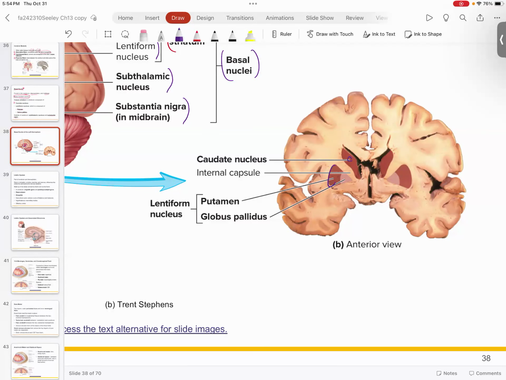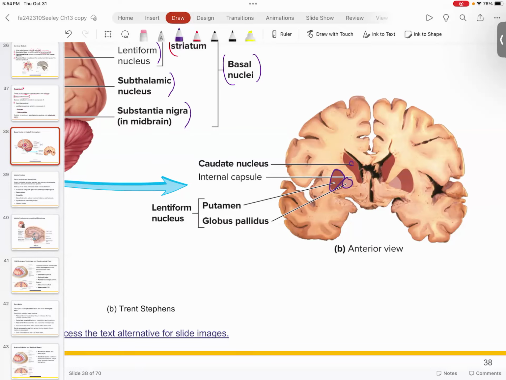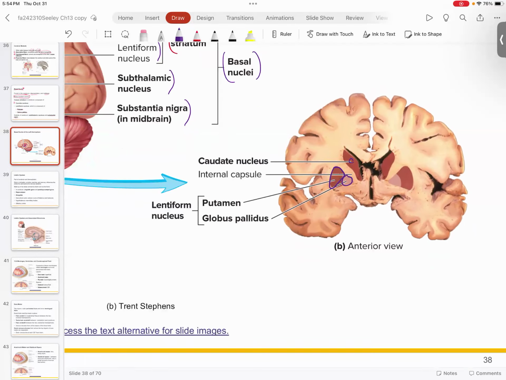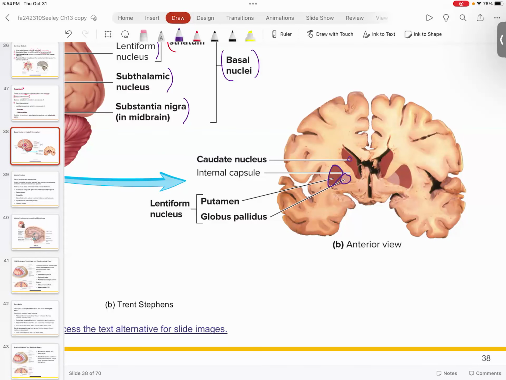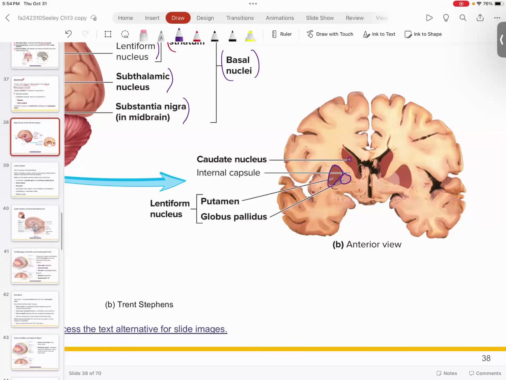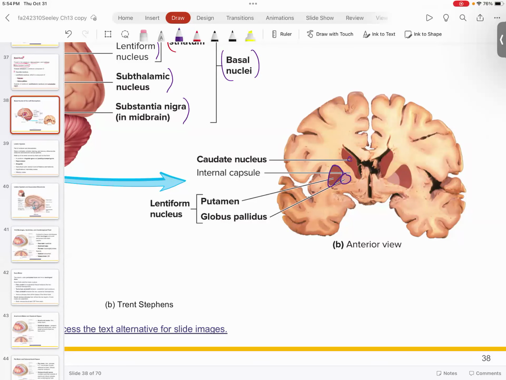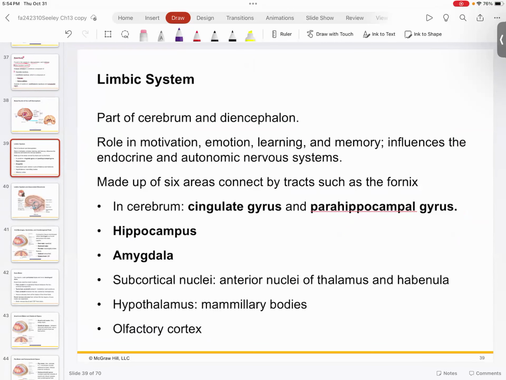So the putamen is the outer region, the globus pallidus is the inner region. And so those are the two pieces of your corpus striatum. So when you take a look at a coronal view, you don't necessarily see this in the detail of this. You have to kind of stain some of these things to be able to see this, but you're actually looking at an aspect where you can see the caudate nucleus and the lentiform nucleus.